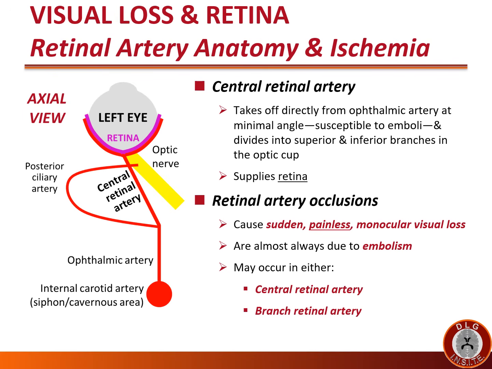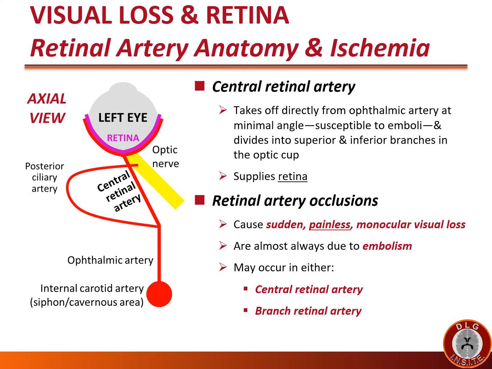An important and relatively common cause of monocular visual loss is retinal artery ischemia. The anatomy of the retinal artery helps explain why it's relatively common. The ophthalmic artery comes off the internal carotid artery, usually in the siphon or cavernous sinus area. And the central retinal artery takes off directly from the ophthalmic artery at a minimal angle, making it susceptible to emboli.